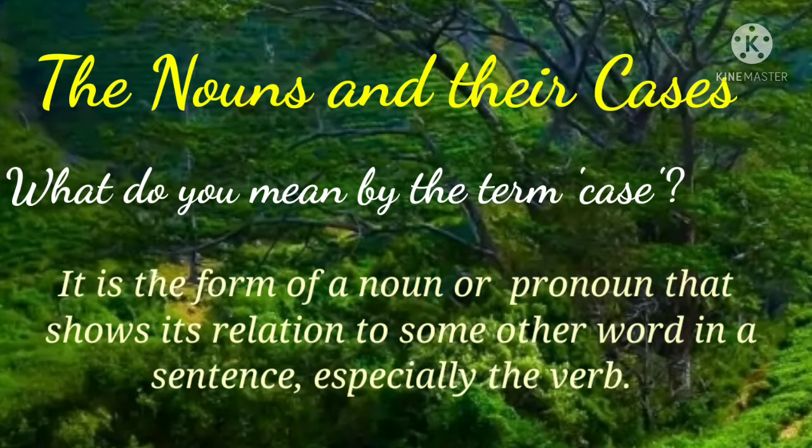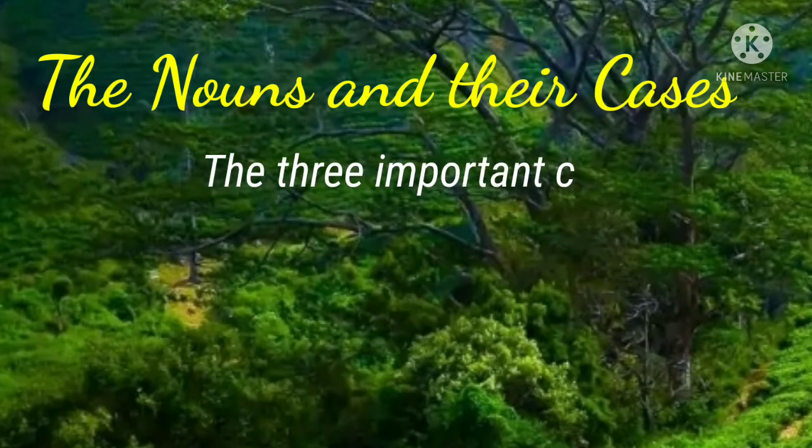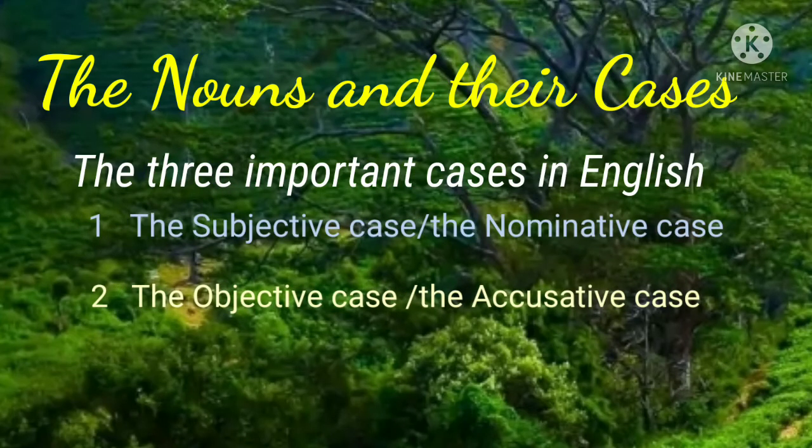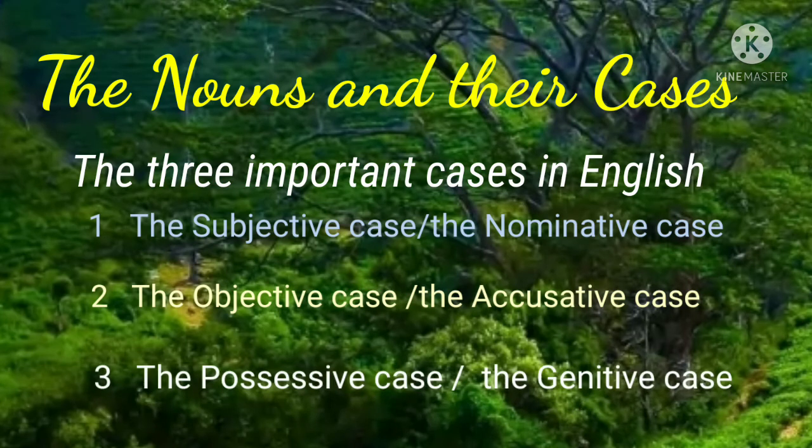It is the form of a noun or pronoun that shows its relation to some other word in a sentence, especially the verb. The traditional grammarians speak of three important cases in English. They are the subjective case, the objective case, and the possessive case.